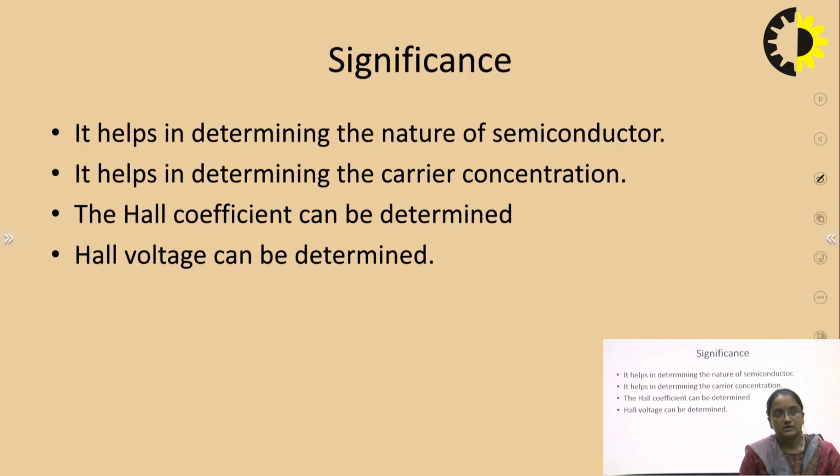And the last, Hall voltage can also be determined by using this method. So these are all the significance, or we can say the outcomes, of performing the Hall effect.